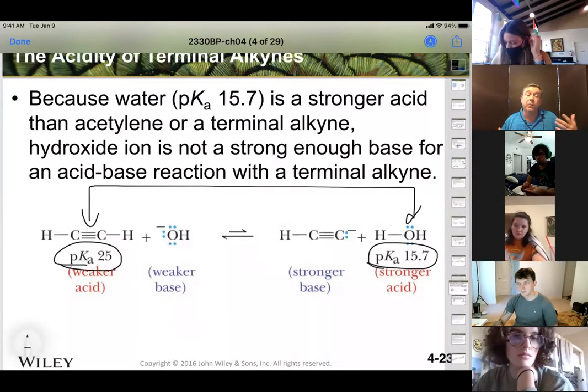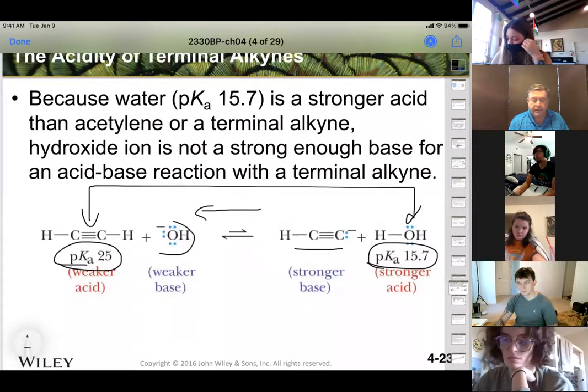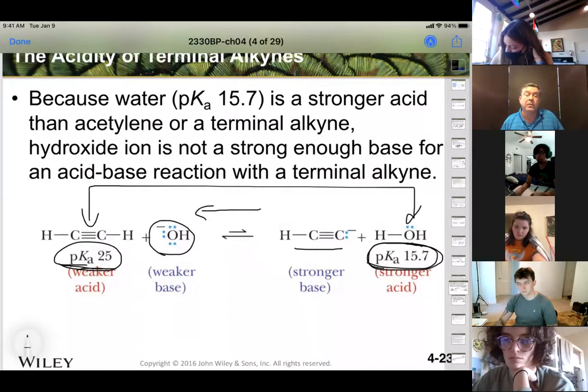And 15 is lower than 25, making it a stronger acid, which means you aren't going to form very much of this at all using a base like this, because the acid you formed is stronger than the acid you started with. So that alkynyl hydrogen is nice, but you cannot use it in the presence of water or other things like that.